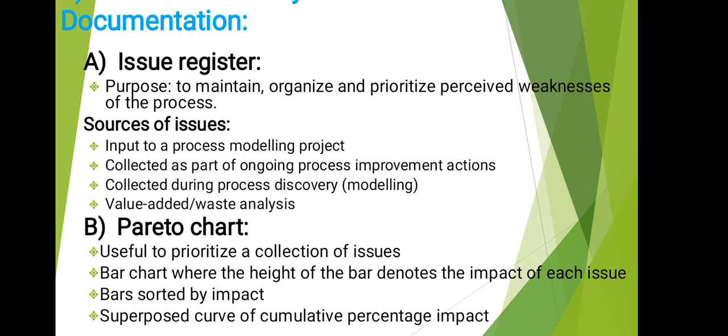Issue registers, basically these are to capture and keep track of all formal issues. This is regularly monitored by the project manager. A spreadsheet is made where each line is an issue and different columns are made, each column giving its specific description.